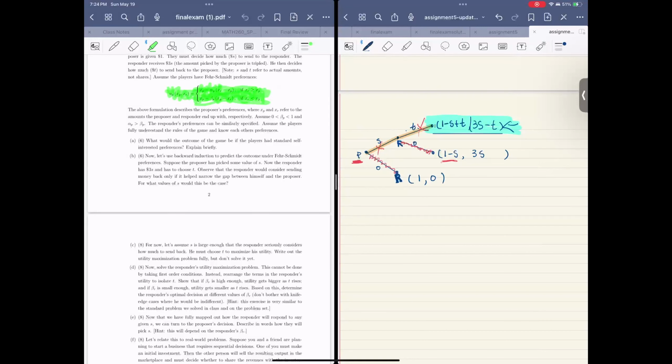Because both parties have a Fair-Schmidt model, a dislike of inequality, under what circumstance will R send any amount of T to P?